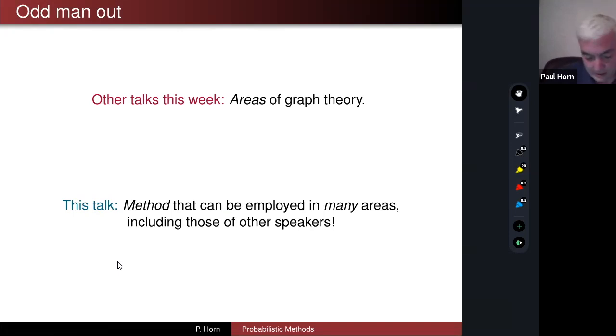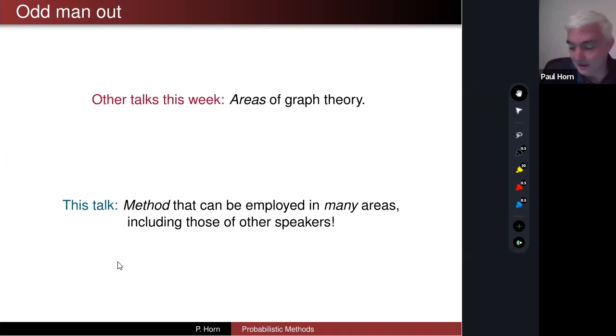And while one can study random graphs as an independent object, I want to really highlight that probability in combinatorics gives a method, and this method can be employed in many, many areas, including those of all the other speakers that we've seen this week.